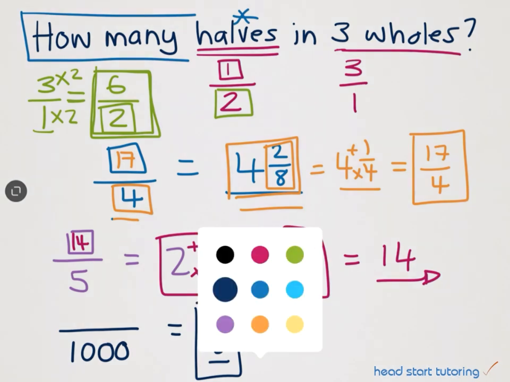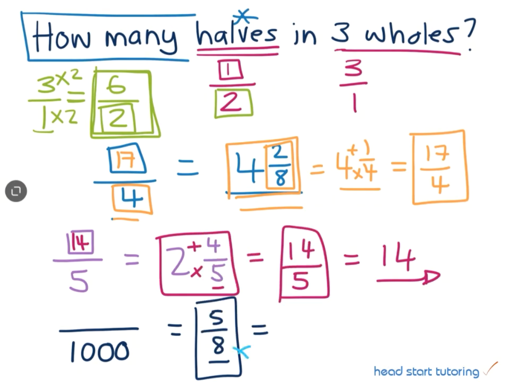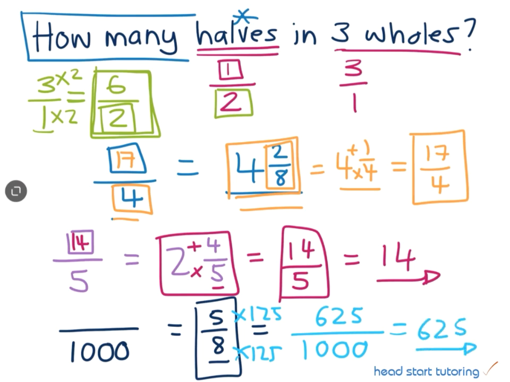So I need to ask myself, what did I do to my 8 to get 1,000? That is 125. I multiply 8 by 125 to get 1,000. So you do the same to your numerator to get 625. So your answer will be 625, because 625 thousandths is equivalent to 5/8.